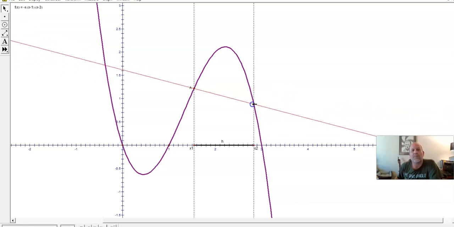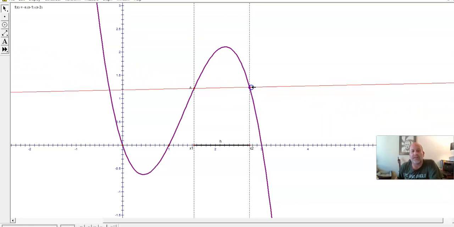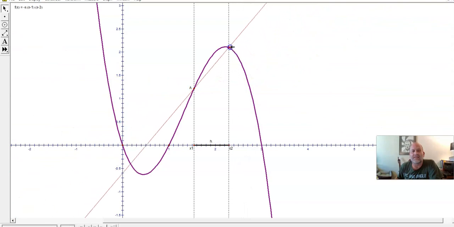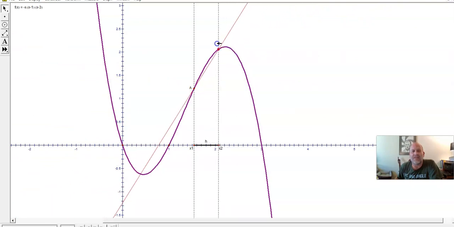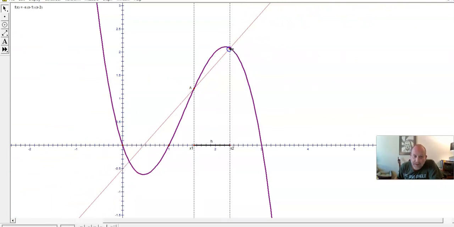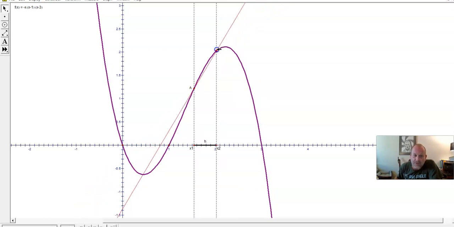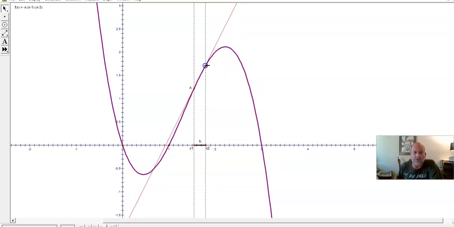There we go. What we're going to do is basically slide these values together. And if you notice, as these 2 points get together, as this distance gets smaller, or as we're going to say later, as h goes to 0, it starts getting closer and closer to the actual slope of the line at that point.